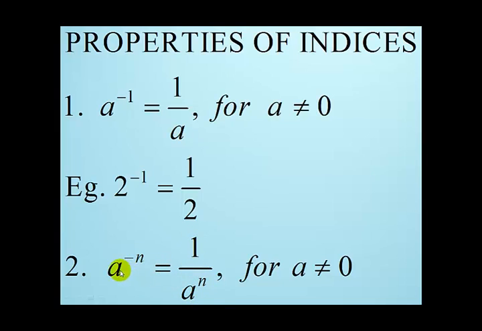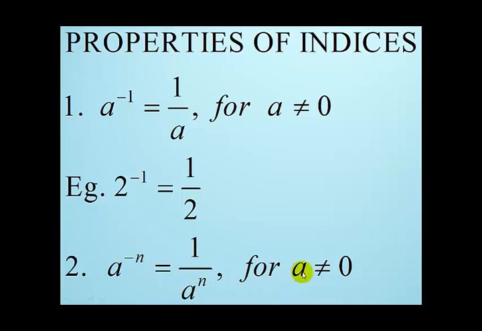I repeat, a raised to the power minus n is equal to 1 over a raised to the power n, which is the reciprocal of the number, but the negative exponent changes to positive exponent.